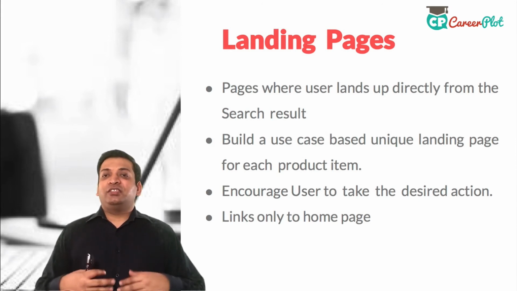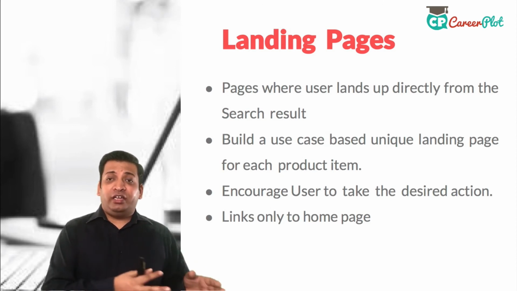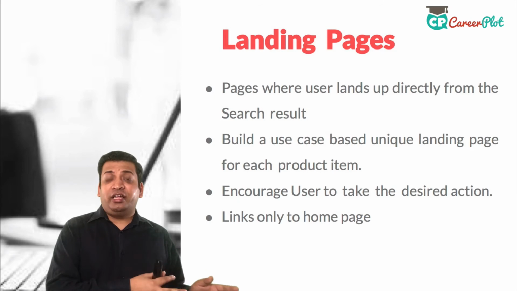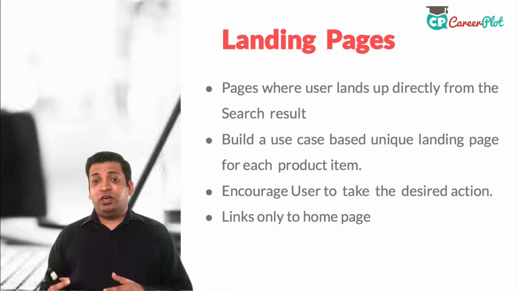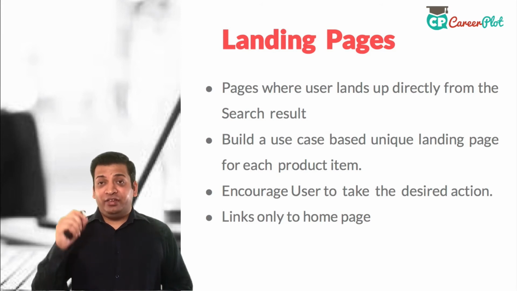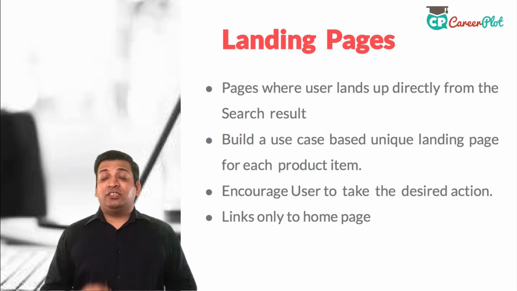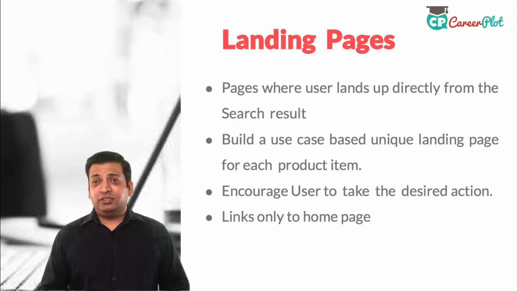Now, a landing page is just another web page which qualifies for all the content strategies and the content hierarchy which we have discussed along with the quality. But make sure that a landing page is provided for every search result if you are a product company. So every product having a landing page will actually enhance your chances.